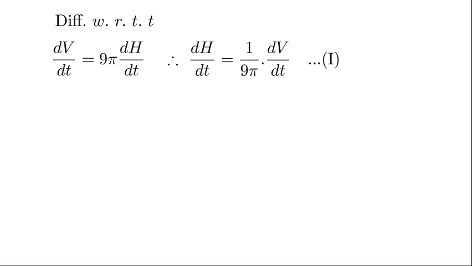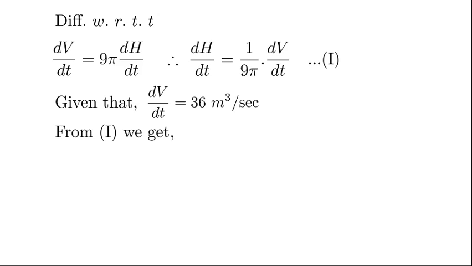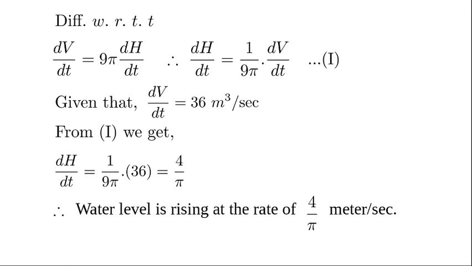Let us call it equation 1. We are given that dV by dt equal to 36 meter cube per second. Therefore, from equation 1, we get dH by dt equal to 1 by 9 pi times 36, that is equal to 4 by pi. Therefore, water level is rising at the rate of 4 upon pi meters per second.